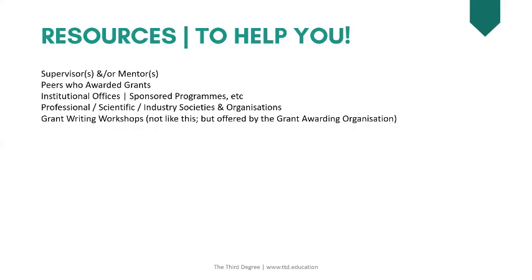We do have professional, scientific, industry, or industrial societies and organizations that can help. They can help us find funding, and they can also help us work through the issues and challenges that we have.